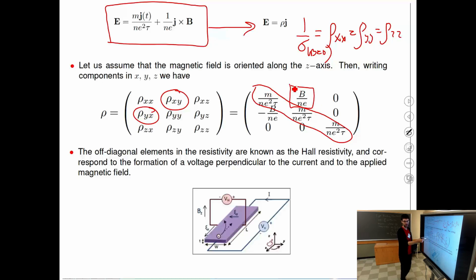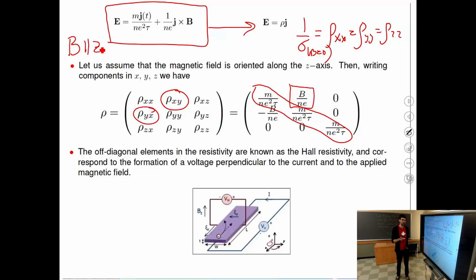And the other terms that involve Z are actually 0, because Z is the direction of the magnetic field itself. All right. So this is the math.